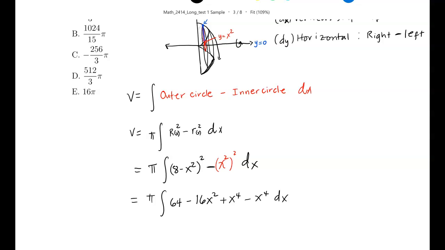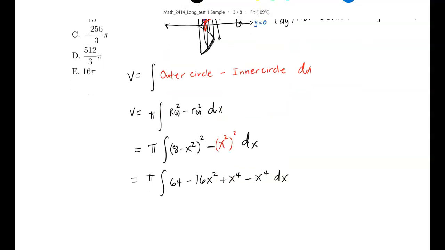Double check that your computations are correct. Again, 8 squared is 64, 2 times 8 is negative 16, and then square x squared. Good. Now, these two cancel, so you just have pi times 64 minus 16x squared dx.